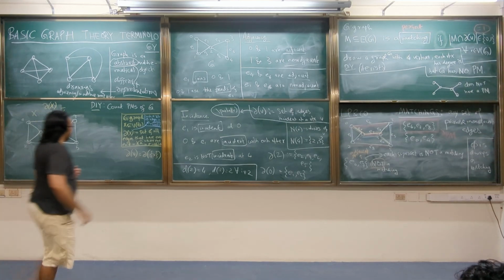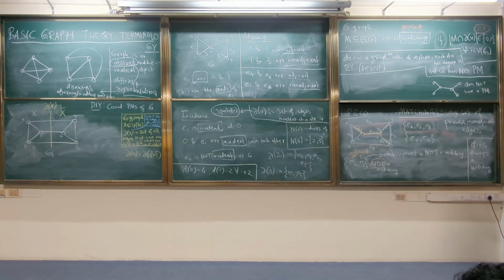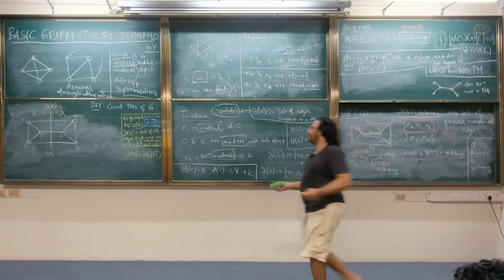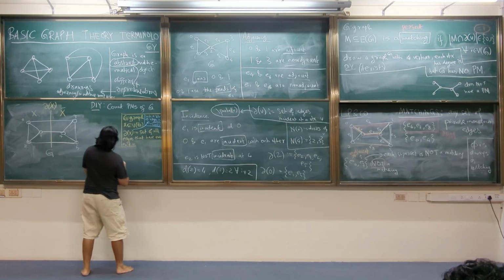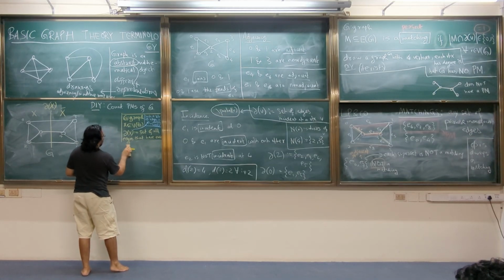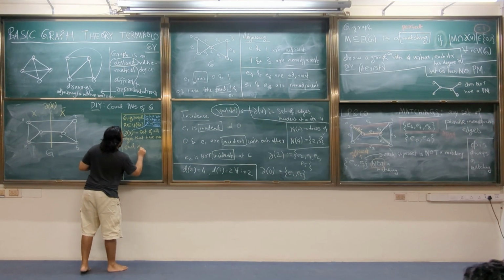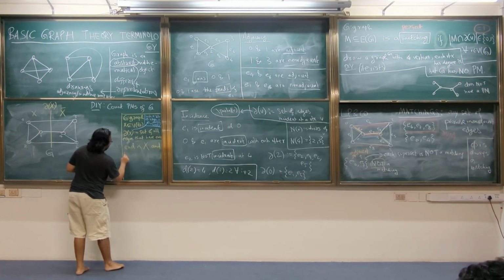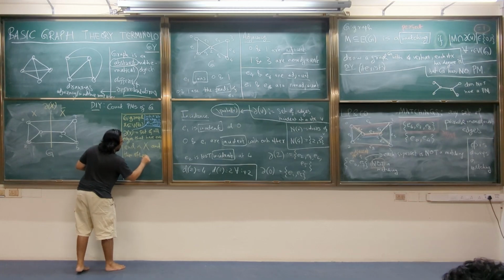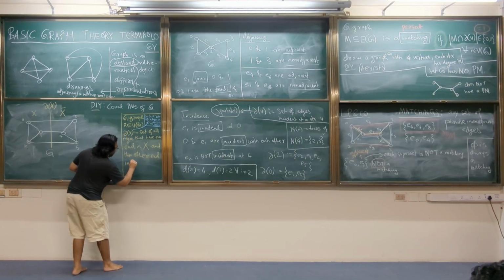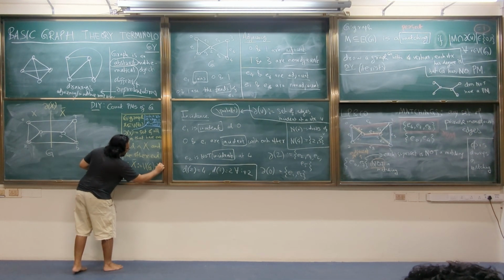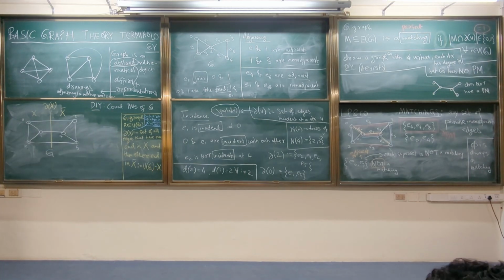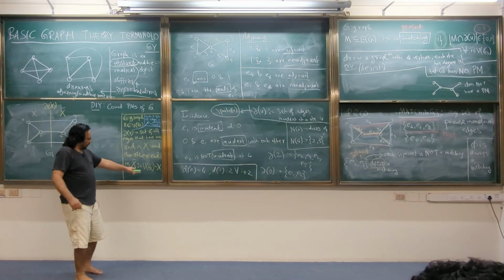Looks like I wrote it a bit too small. One end in X and the other end in X bar, which is the complement of X. One more point related to notation.